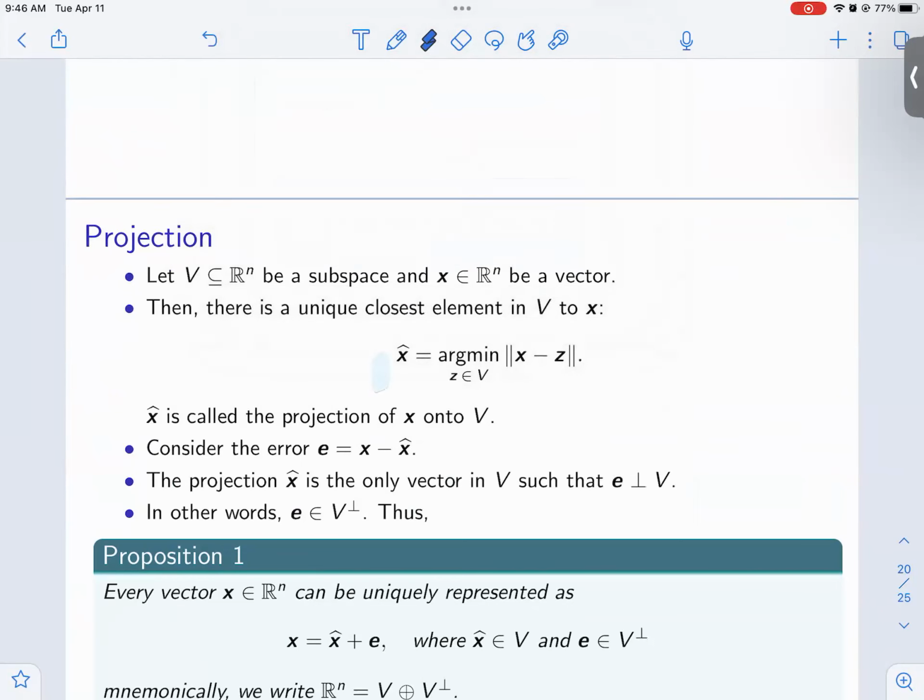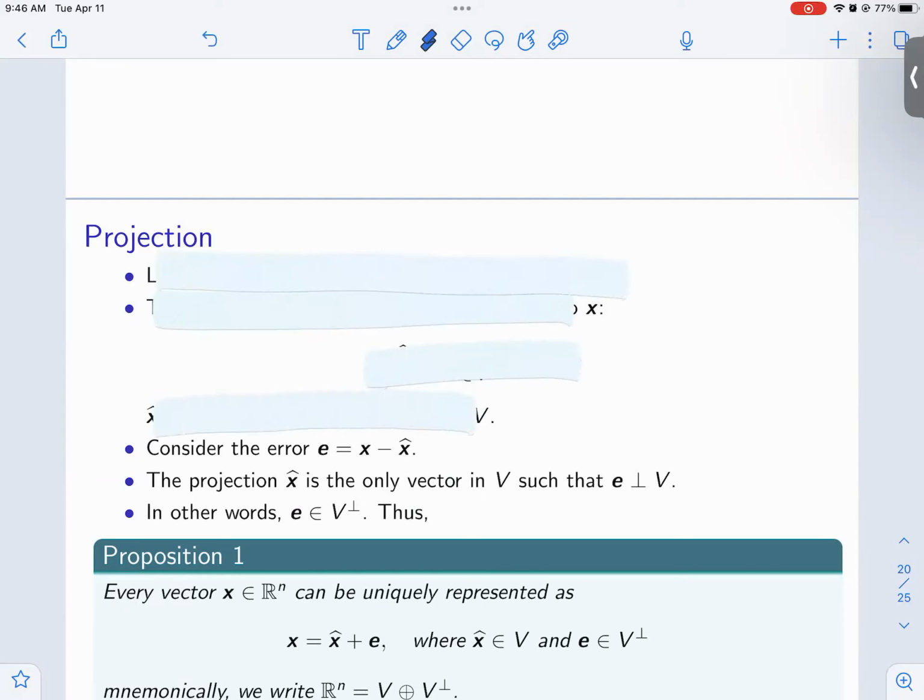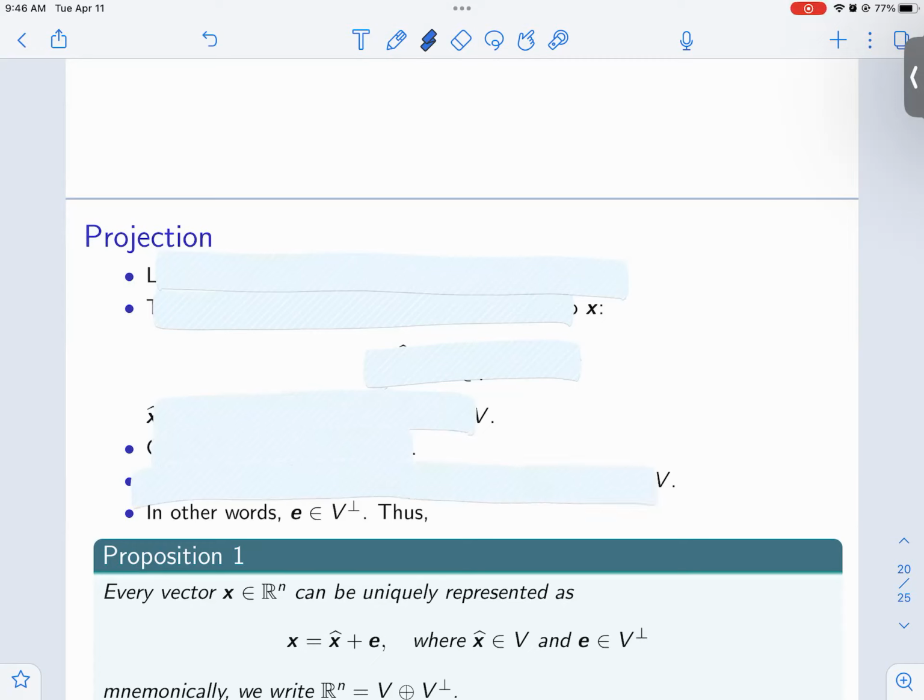I'm going to tape this so that you don't see what this is. Then I ask you, what is projection? Has anyone seen projection of a vector onto a subspace? Okay, you want to go? It's like the shadow.